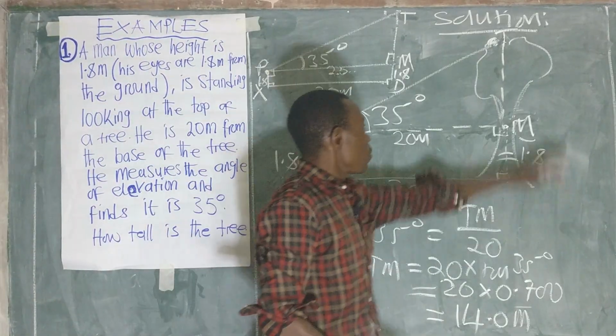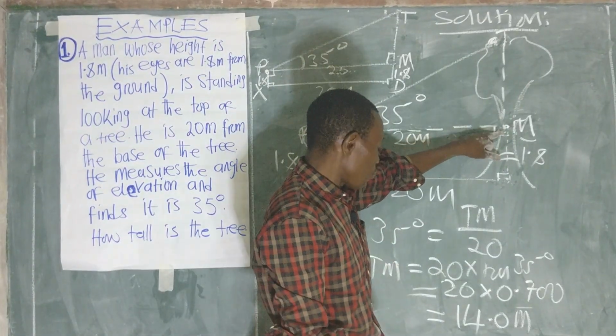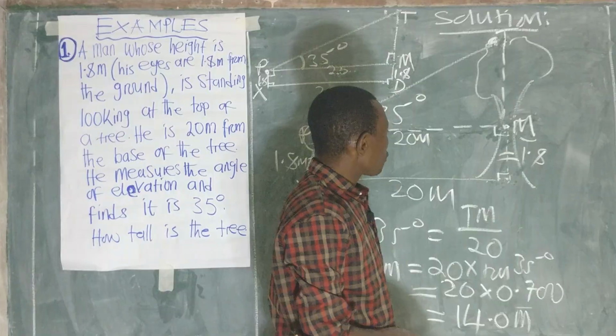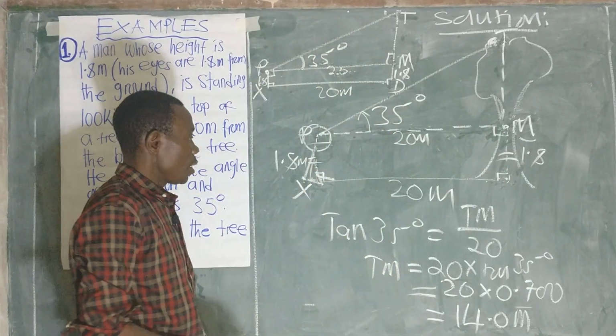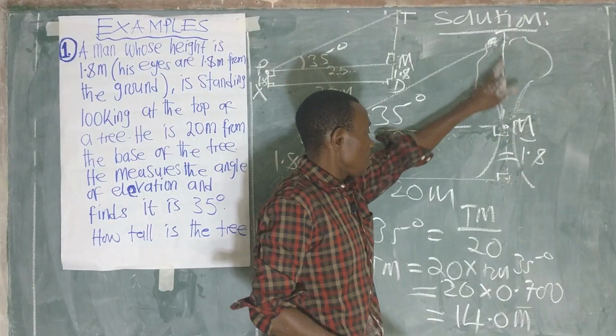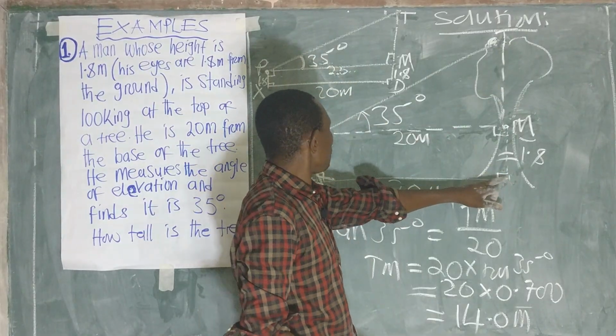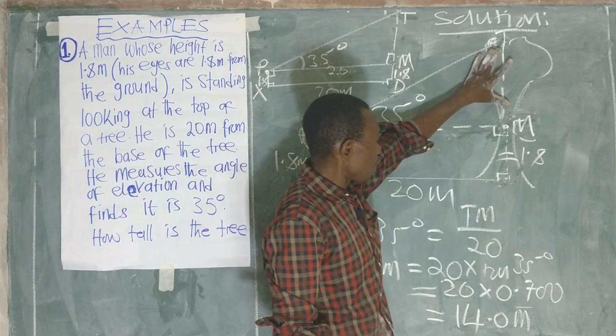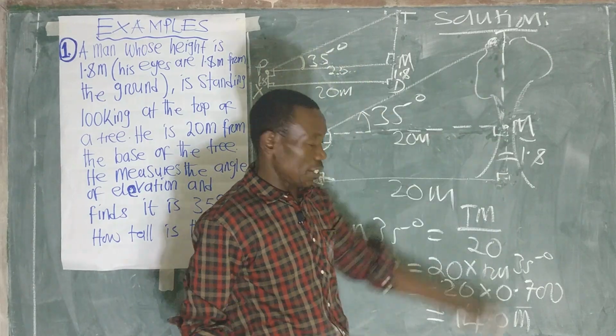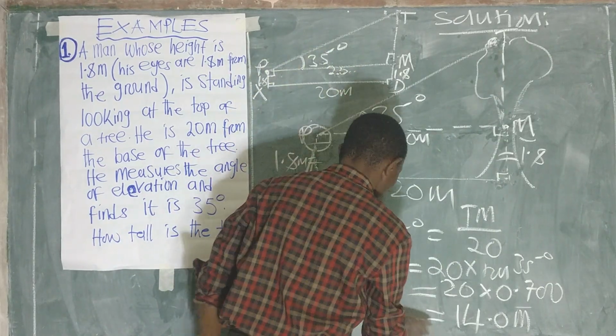So it means the distance from here up to that is 14. But now what we want is the distance from here up to that, which is the height of the tree. So which means to find the TD, the whole of this distance here, you have to add 14 plus 1.8. So that's what we're going to do.